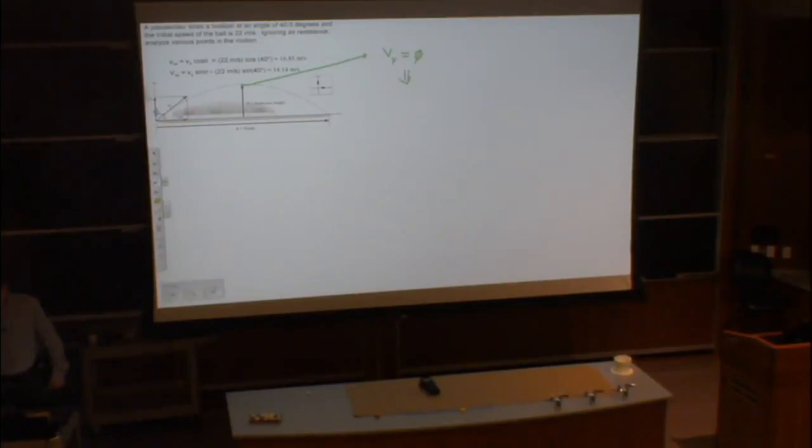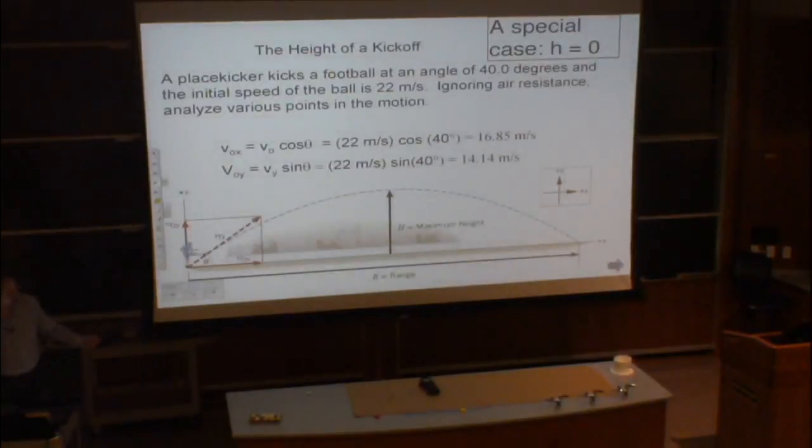Hence, we can use the velocity equation, which says the y component of velocity is equal to the y component of initial velocity minus gravity times time up, which means 0 should be equal to, now, if we go back, what number should I write for the y component of initial velocity? 16.85 or 14.14? First or second? The y component of initial velocity, second, 14.14.